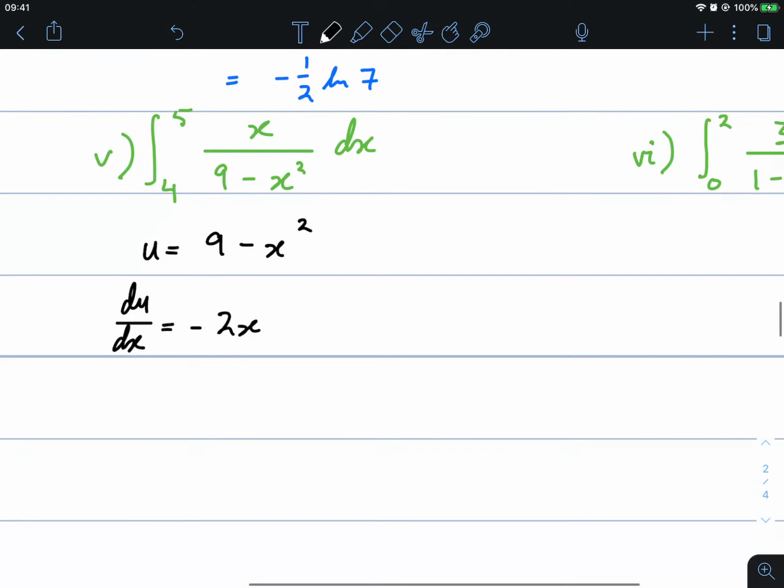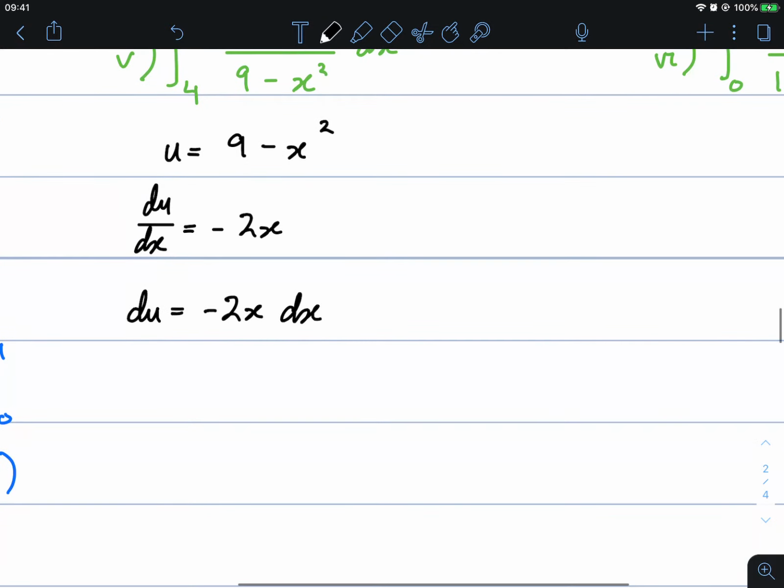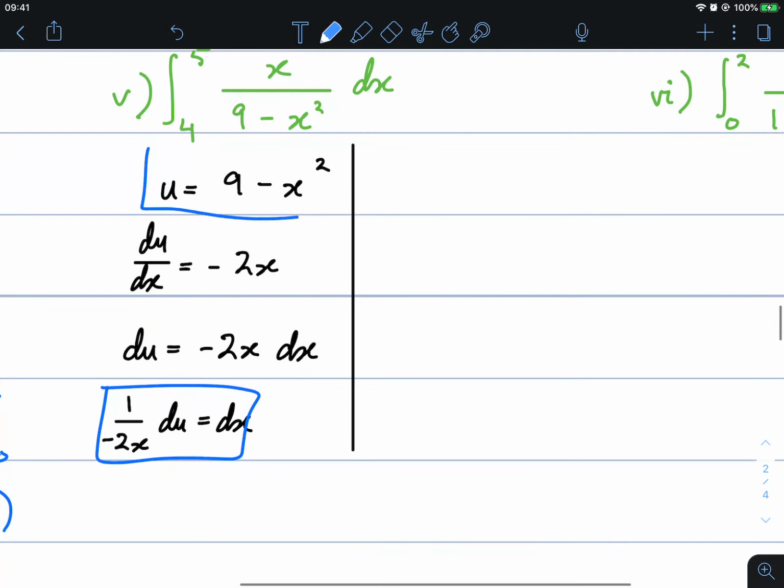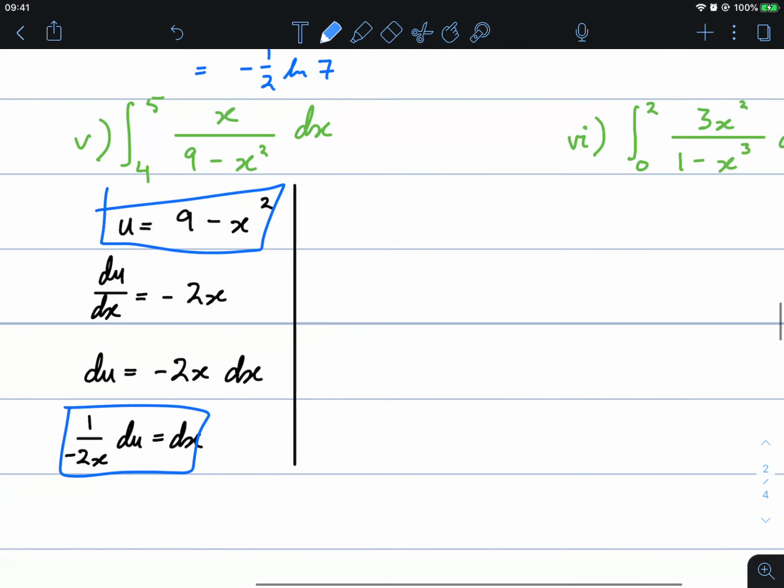I'm going to rearrange this to make dx the subject, so du equals negative 2x dx, dividing by negative 2x, that's going to be 1 on negative 2x du equals dx. I'm going to be substituting these two expressions into my original integration.